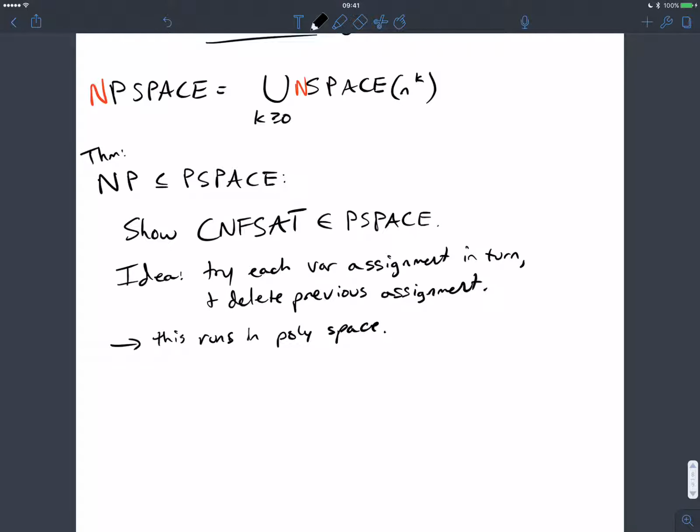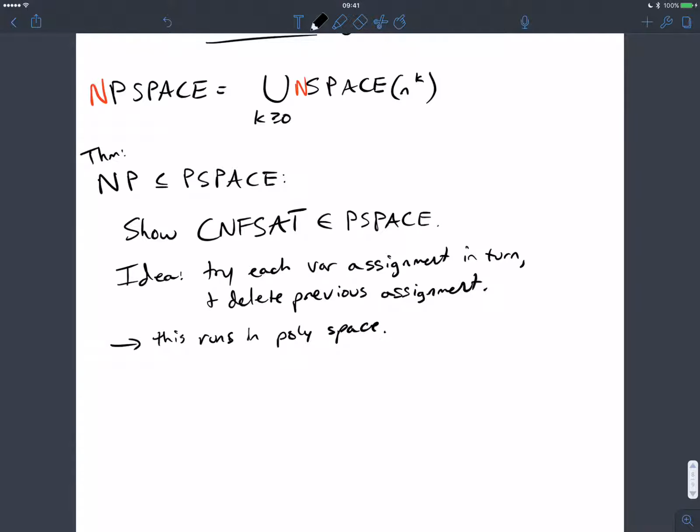Because we don't know whether P is equal to NP or not, we don't really know how to relate deterministic time and non-deterministic time, because if we did, then we could say something about P and NP. What about space? Do we know something about deterministic and non-deterministic space?